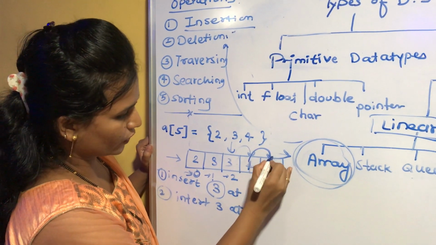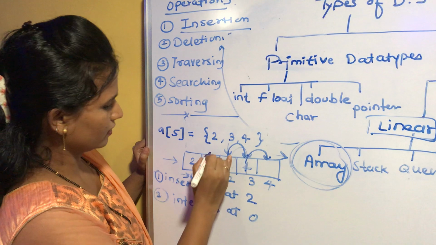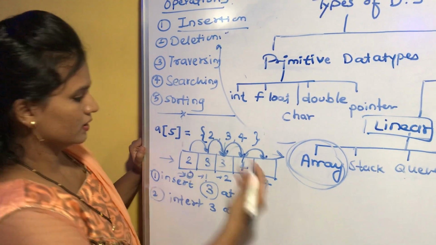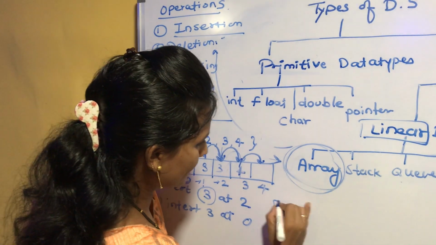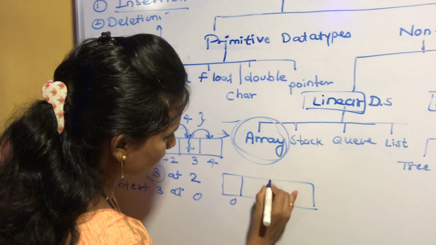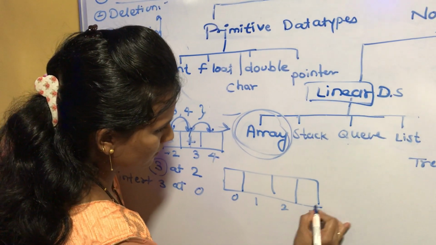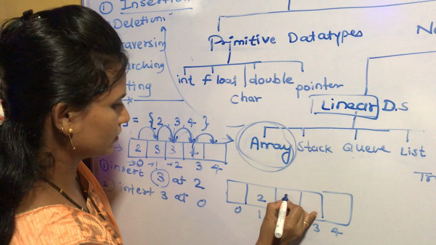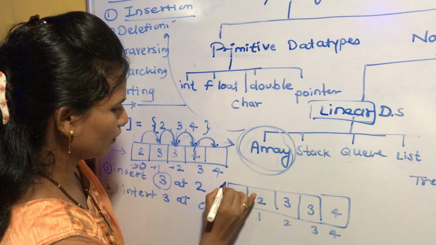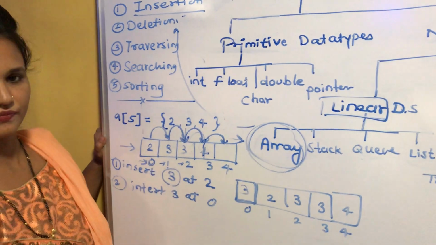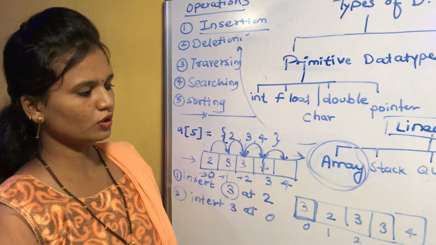We have to shift this 4 here, this 3 here, this 3 here, and this 2 here. Then what kind of array we will get? See, we have shifted 2 here, 3 here, 3 here, 4. Now that place has become vacant and we are going to insert 3 here. This is the insertion operation.